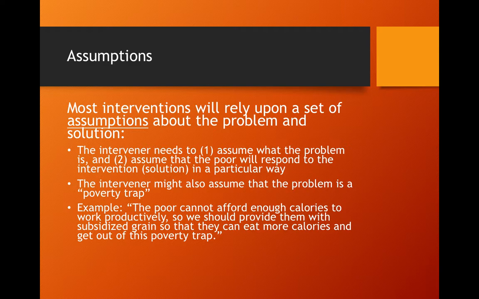So the idea here behind this caloric poverty trap that Banerjee and Duflo talk about is that people are so deprived of calories that they can't work productively. Because they can't work productively, they stay poor. And because they stay poor, they can't afford to eat more calories. So it's a vicious cycle, right? Poverty traps are always vicious cycles.